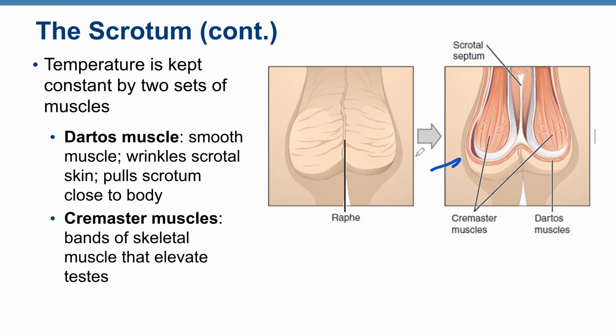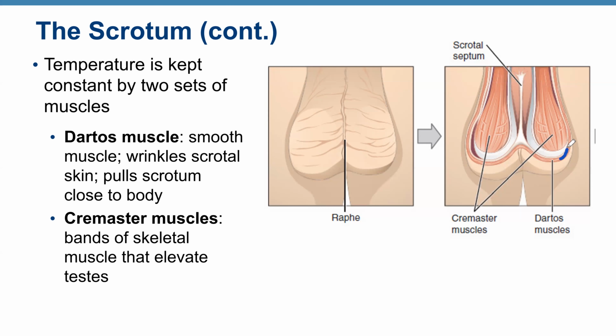Here's the testis with skin and superficial fascia partially removed. First we see the septum that we talked about, which divides the scrotum into 2 compartments. And the scrotum is a sac made of skin, superficial fascia, and some muscles.